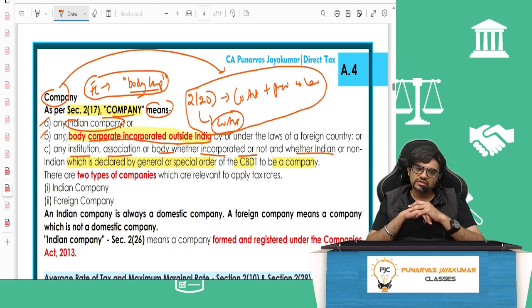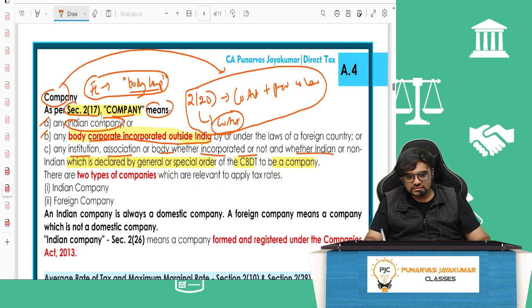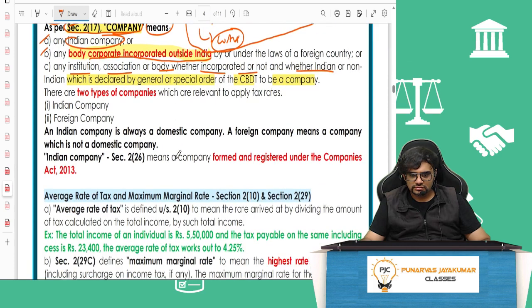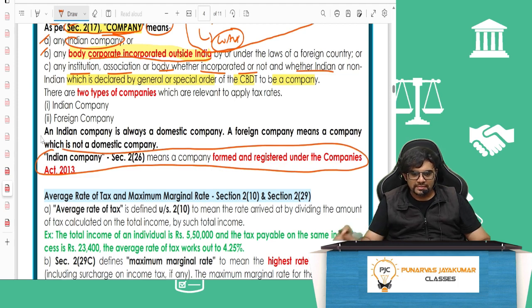Still you have to pay because there's a business connection in India, because you are a company. All companies should pay. That's why all these definitions are important. So you see, Indian company is the same as the Companies Act definition. Foreign company will be different.